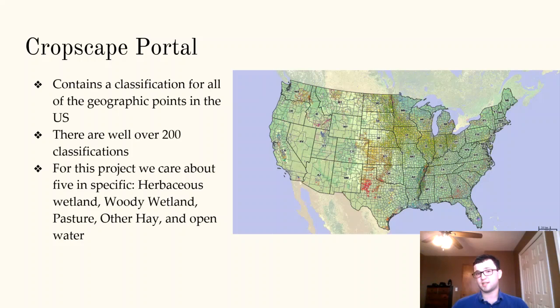We were interested in this classification at the outset, but as we continued on, we found that it gets moved around by the USDA, so we threw that one out because it is very unstable. So we're mainly looking at herbaceous wetland, woody wetland, pasture, and open water.